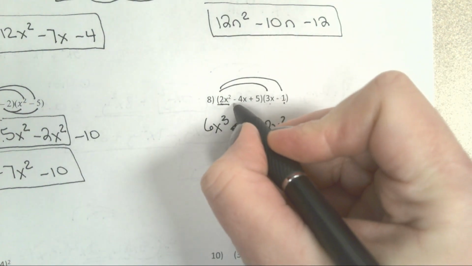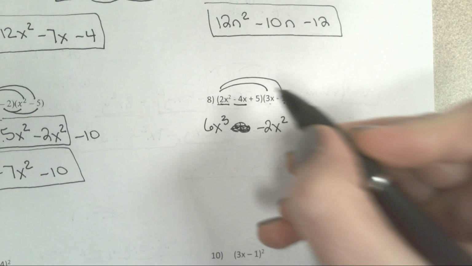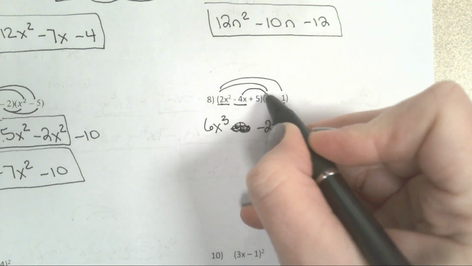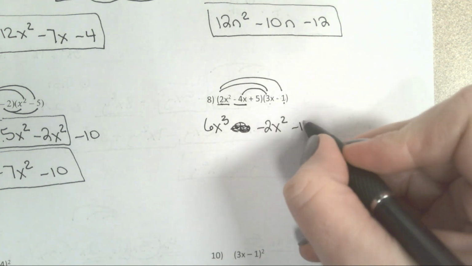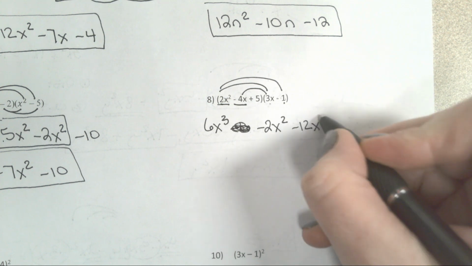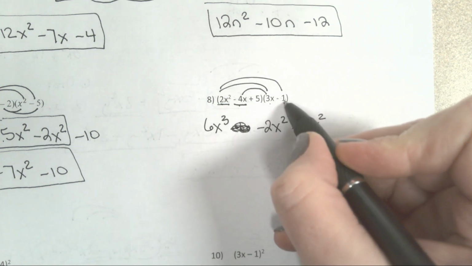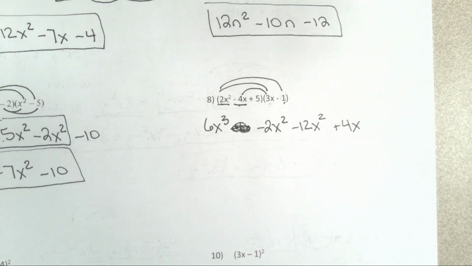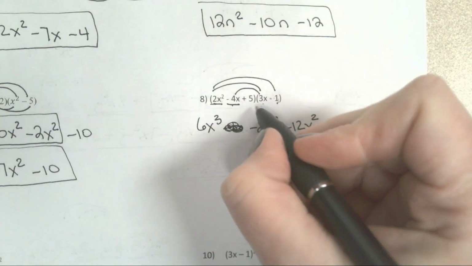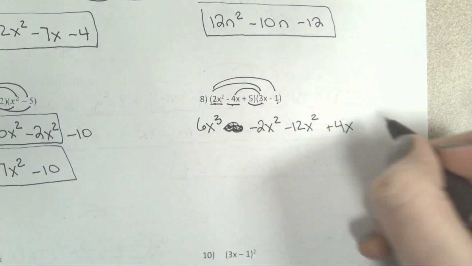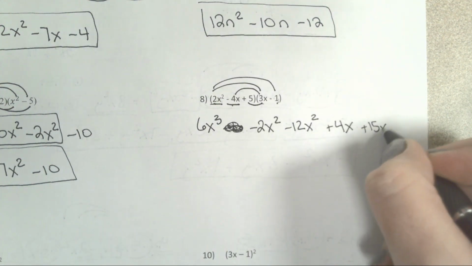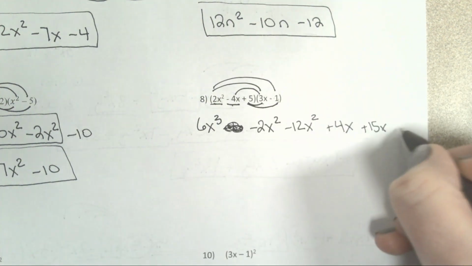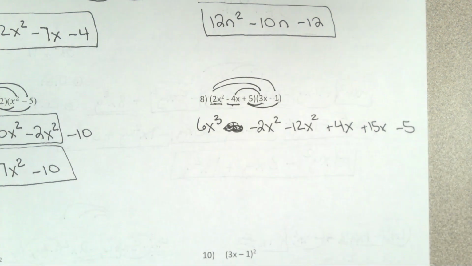Now we're going to move on to the negative 4x and distribute it. Negative 4x times 3 is negative 12x squared. Negative 4 times negative 1 is a plus 4x. And then go to your 5. 5 times 3x is 15x. And 5 times negative 1 is negative 5.